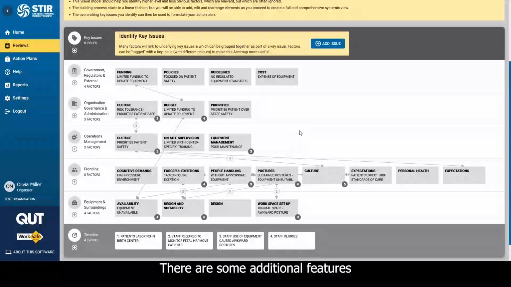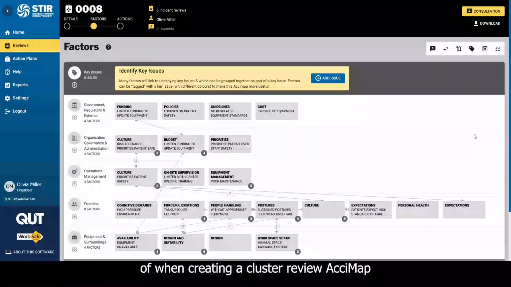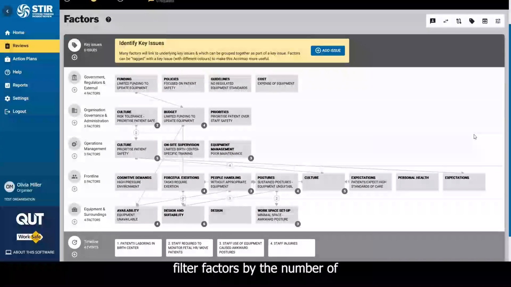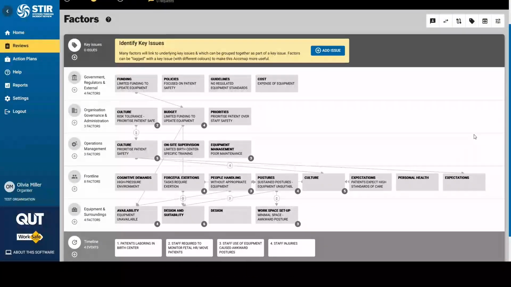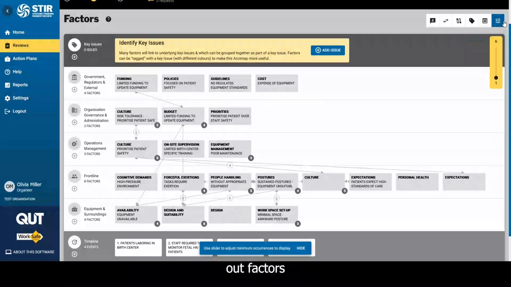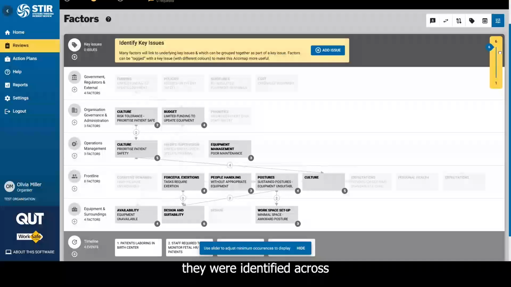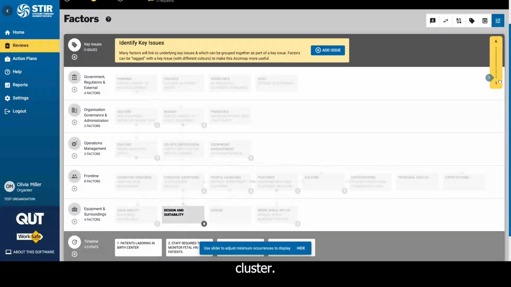There are some additional features you can make use of when creating a cluster review AXIMAP, including the ability to filter factors by the number of occurrences in prior reviews, and the ability to split factors linked to more than one incident. The filter tool in the top right corner allows you to filter out factors in the AXIMAP by the number of times they were identified across reviews included in the cluster.